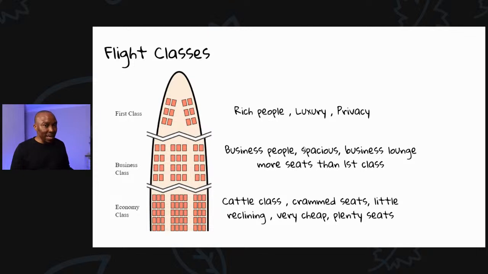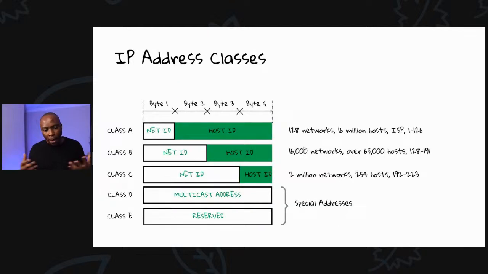So a class A IP address has fewer networks, but has more hosts per network.